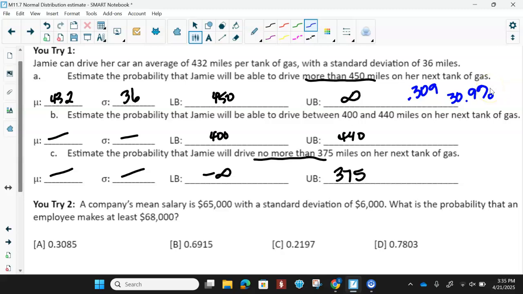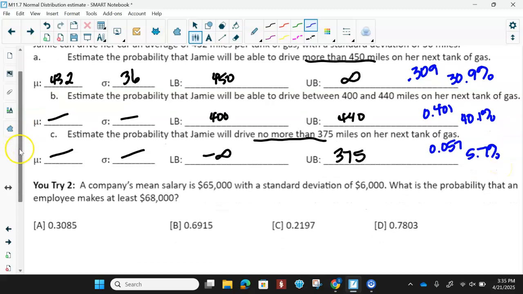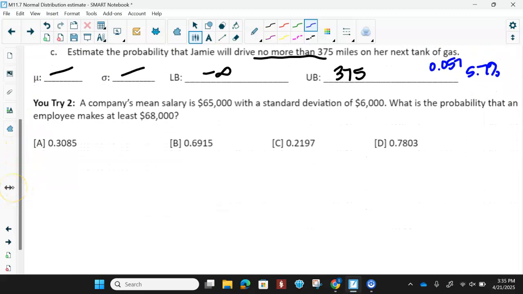That is the probability. So then here you should have gotten 0.401 or 40.1%. And then here 0.057 or 5.7%. So then here again, pause the video and try the second one that's in multiple choice format on your own.